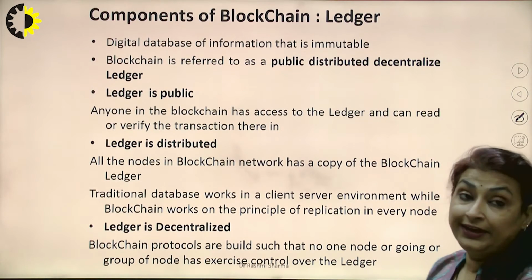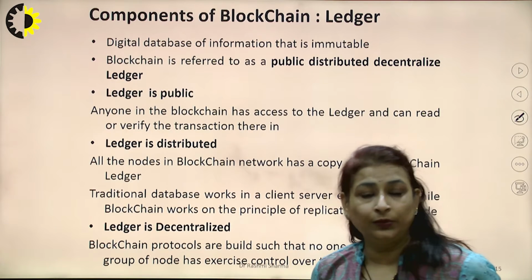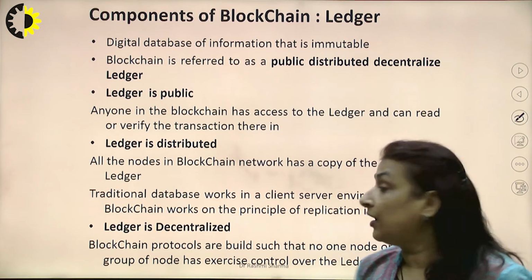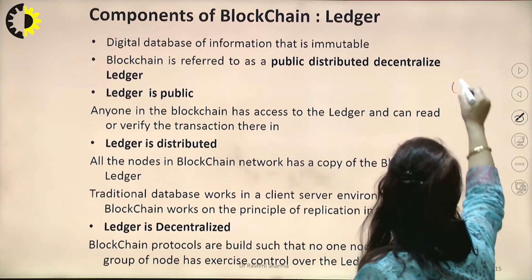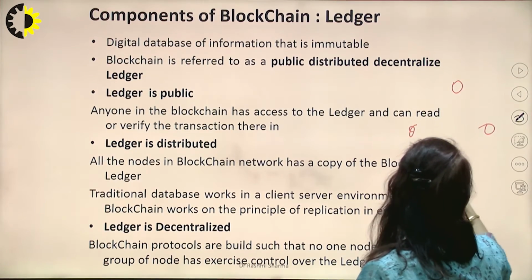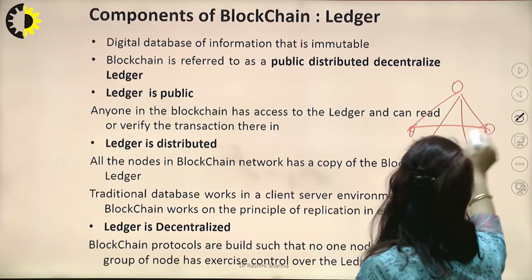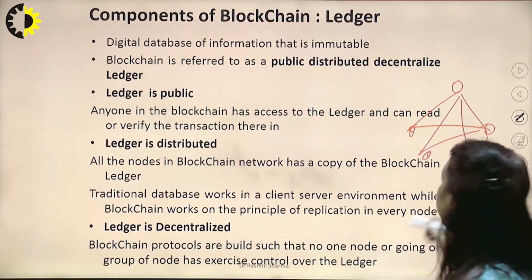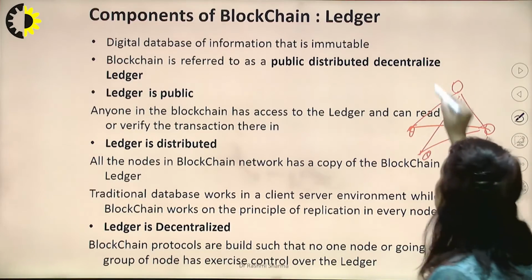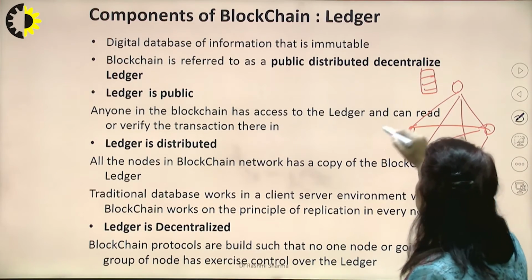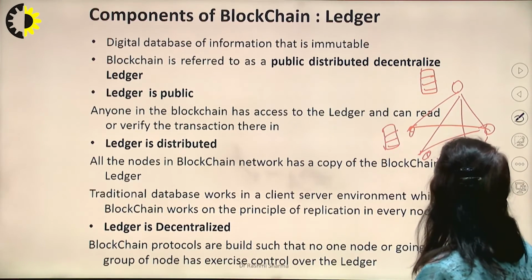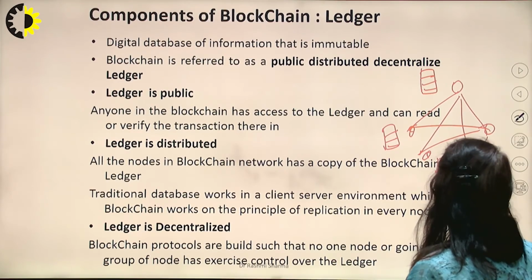Next comes the ledger. As we have discussed, the ledger is a copy which is there with each and every node in this network connection. This is a distributed setup, and each node has a local copy of the transaction history.